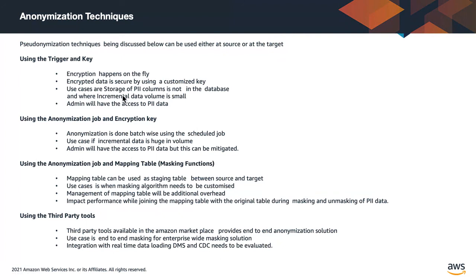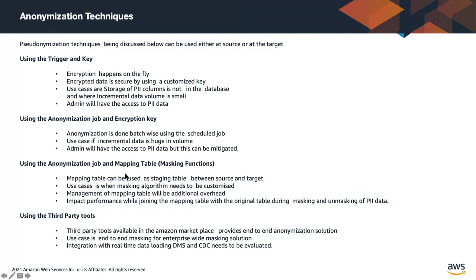If an admin has access to the trigger, then he will come to know which key we are using. That is one of the risks that can be identified here, and we can mitigate it by using a Lambda function. If we call a Lambda function from this trigger and keep the key over there, then we can bypass admin access to the key.